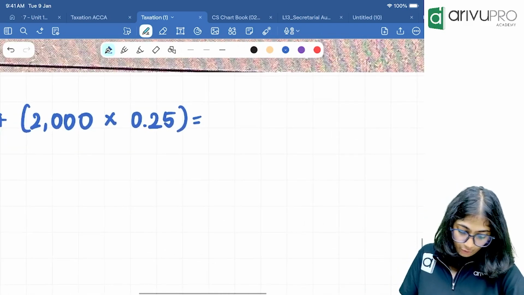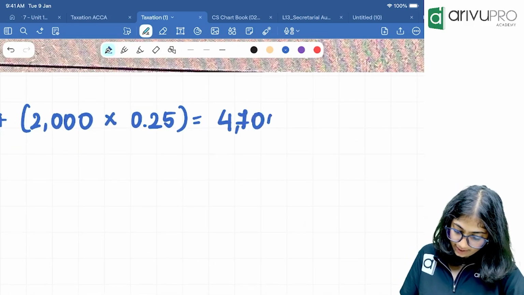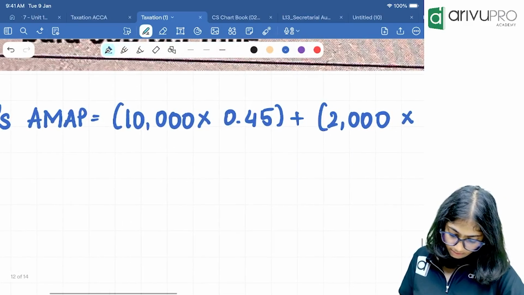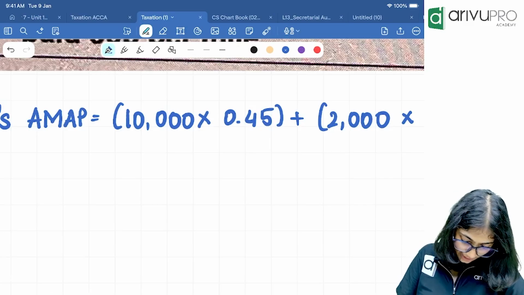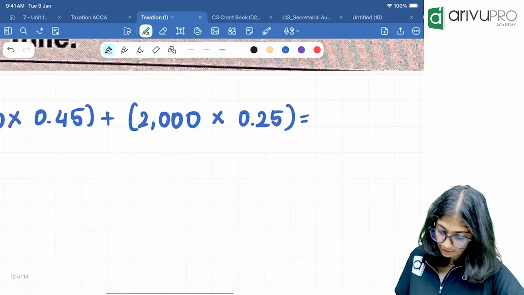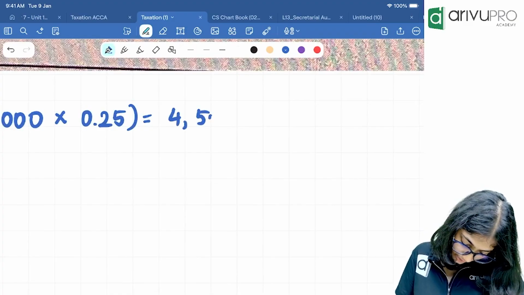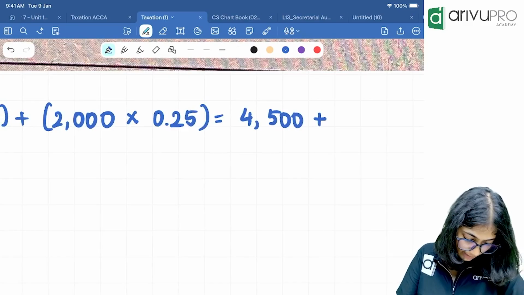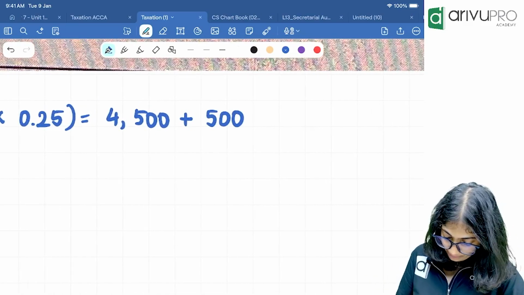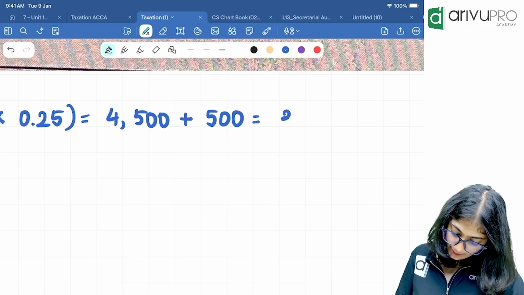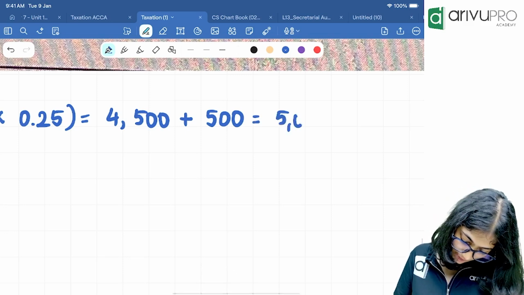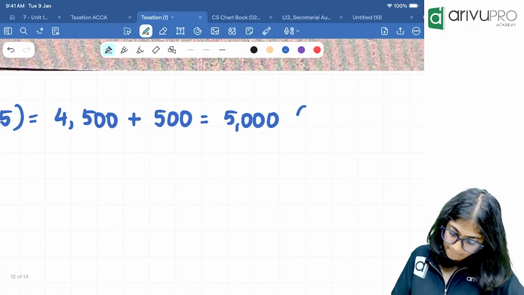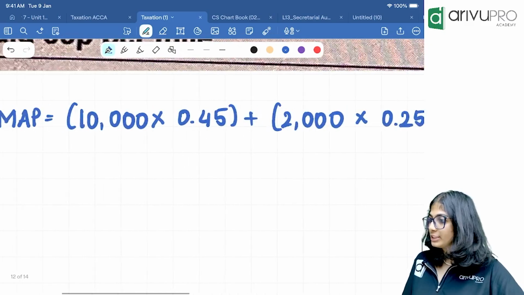So the total will be 5,000. 5,000 pounds is an allowable deduction. This is the amount that needs to be deducted.